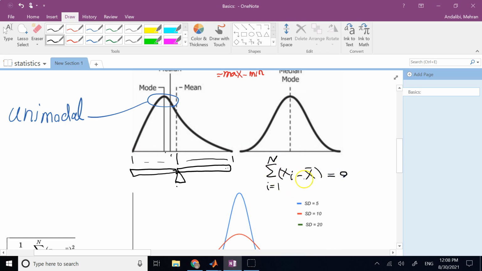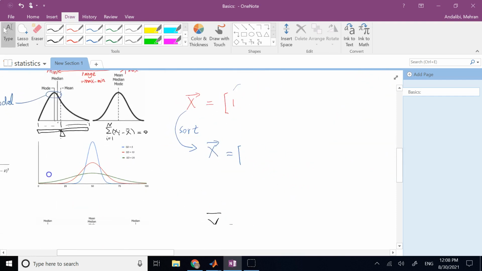So some portion of this data are on the left side of it, some portion on the right. But when I add them together, since they are equal, if you consider some of them positive, some of them negative, then the total will be what? 0. So this is another way to describe the average.